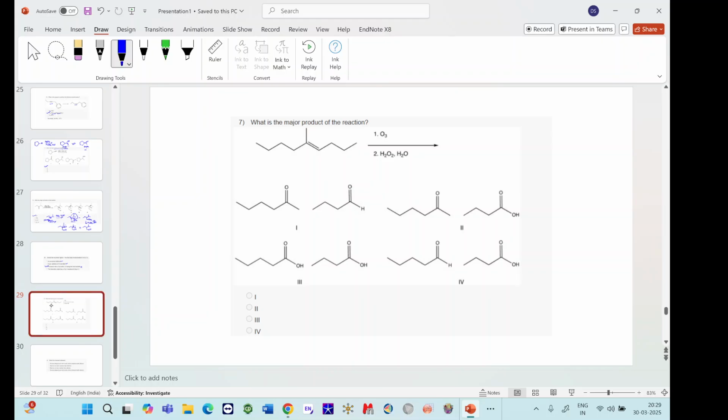What is the major product of the reaction? So they have used an oxidizing condition. So if any aldehyde is getting formed here, that will be converted to the acid. In this case, this part will have the ketone form, and this part will have the aldehyde form, but it will convert to acid. So the acid part will have one, two, three, four carbons. This part will have one, two, three, four, five carbons.